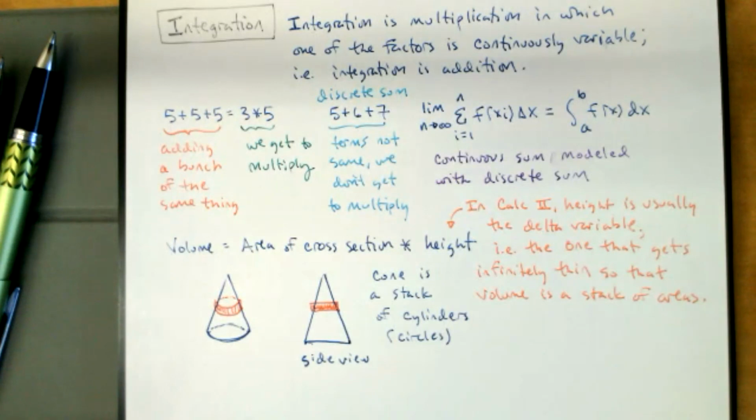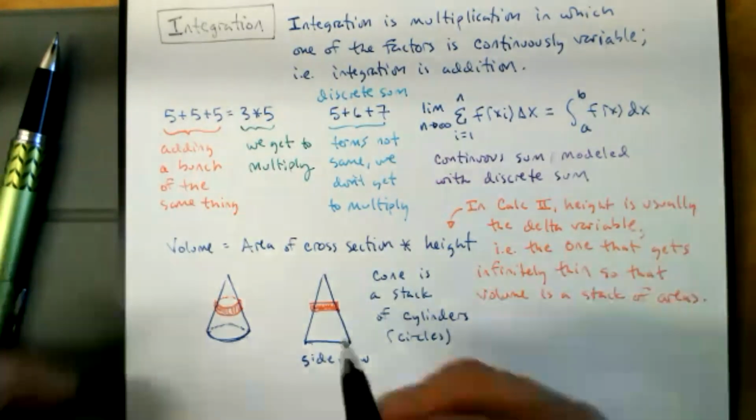The thickness of each cylinder is our delta variable.